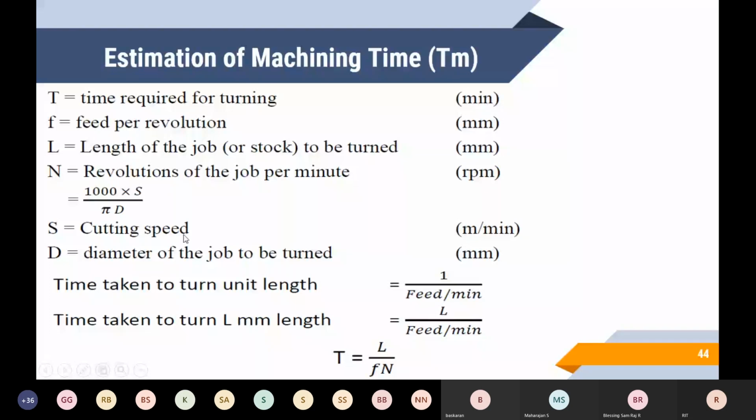So the time taken to turn a unit length is 1 by f N minutes. For L mm of length, it is L divided by f N. So the machining time formula is L divided by f into N: feed into number of revolutions of the job. So you have to put D average, not a simple D.